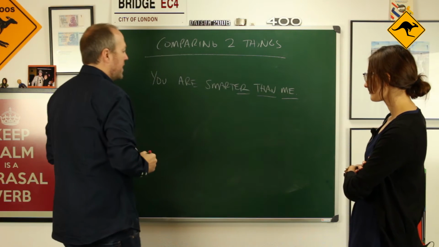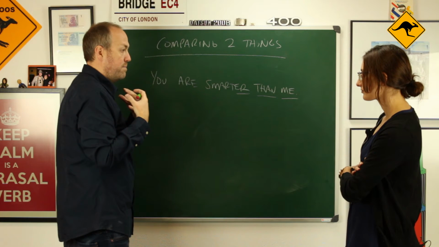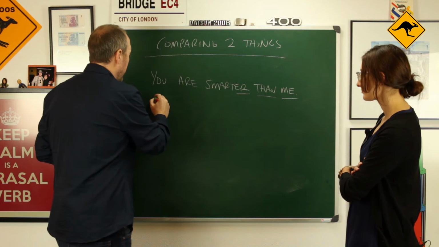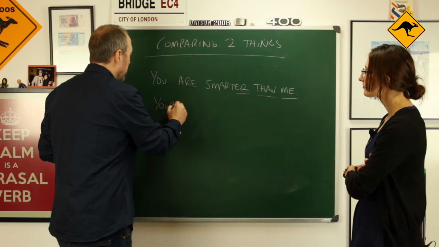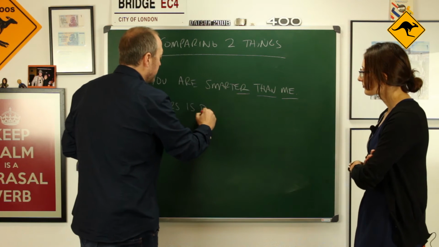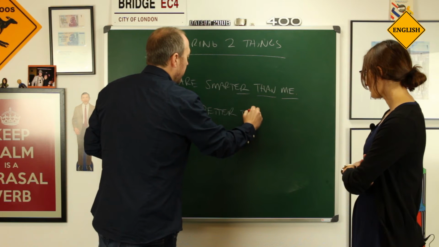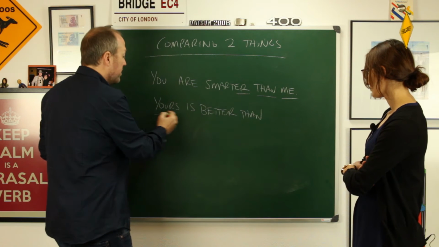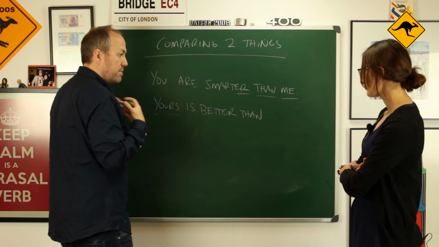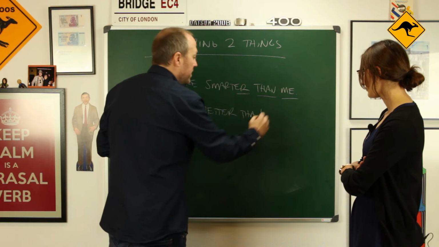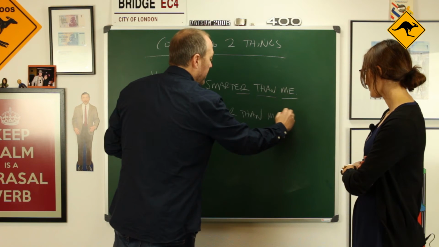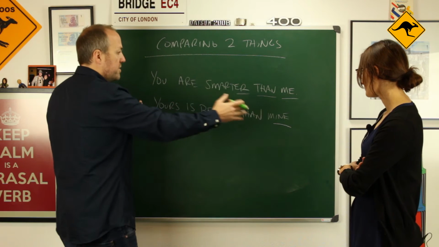For example, if we say yours is better than, because we have a possessive, at the end we also need to use a possessive. So we need to have symmetry.